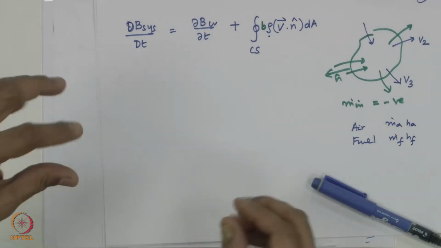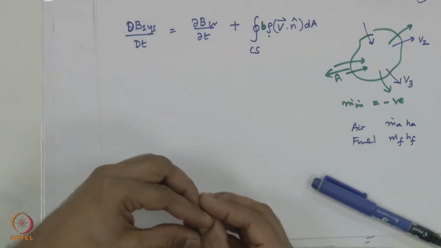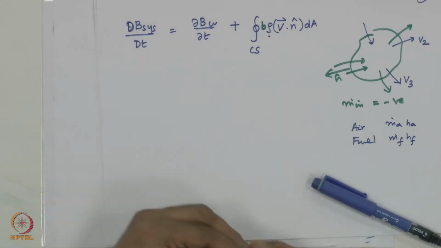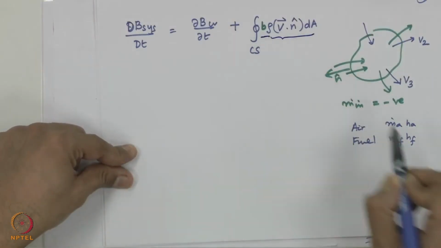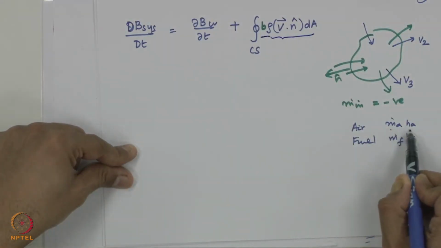The energy brought in is related to the mass flow rate of the individual species. It may be the same species, it may be multiple species coming into the control volume, doesn't matter. The important thing is the pair, B times m dot. So if it is air, it is associated with the enthalpy of the air.